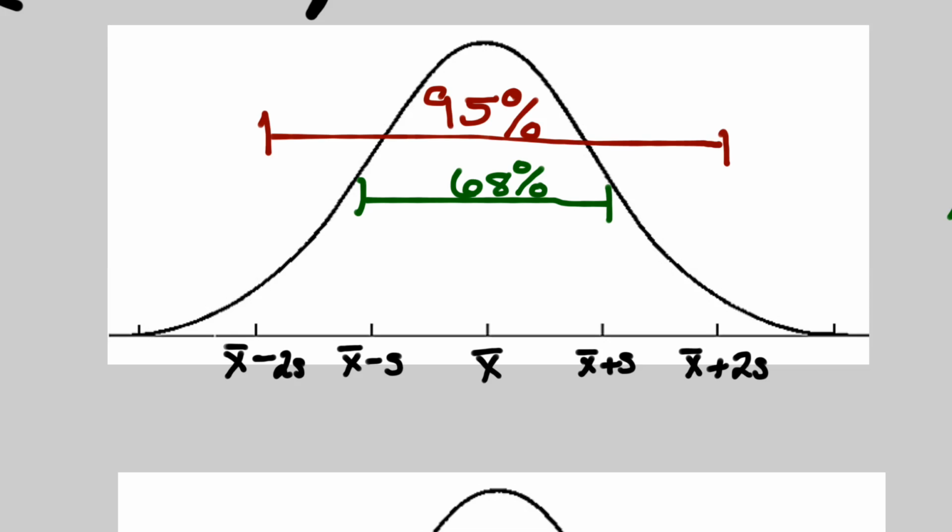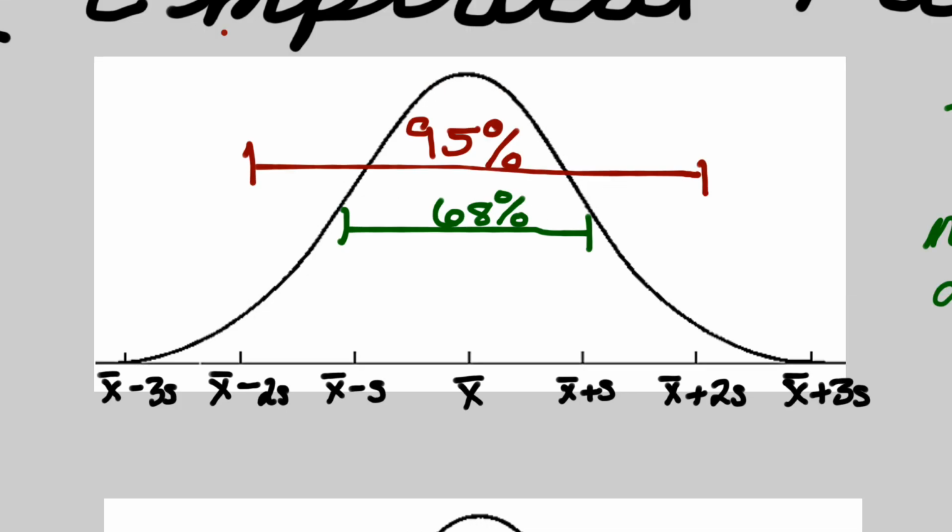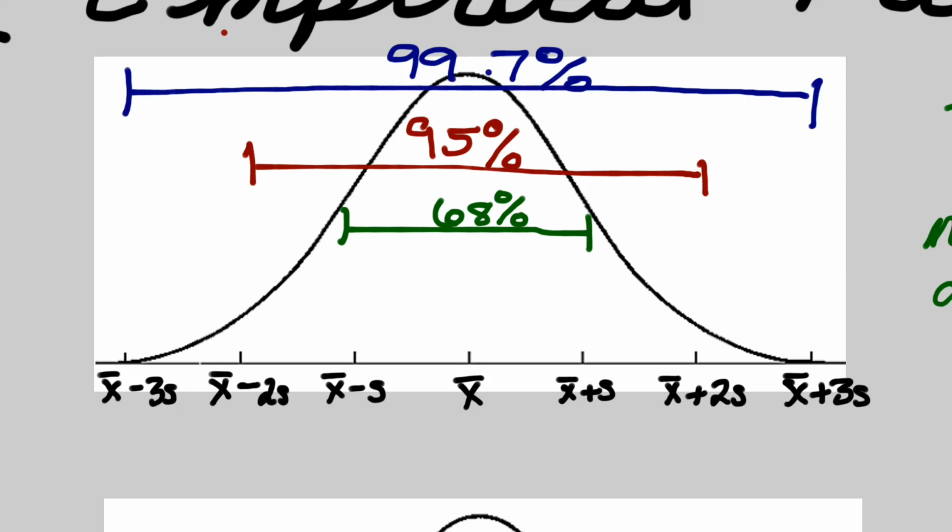Okay, so within 1 standard deviation of the mean, 68% of our data occurs. If we increase that window to 2 standard deviations of the mean, that means we are covering 95% of our data. And if we increase it even further to 3 standard deviations, which seems like it's covering basically all of our data, but in fact it is covering 99.7% of our data.